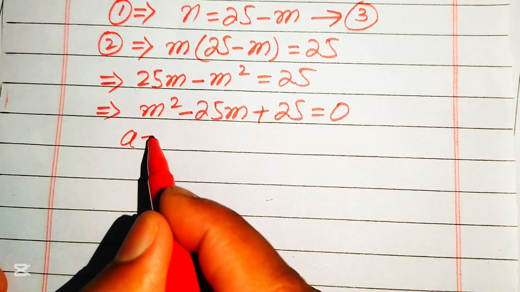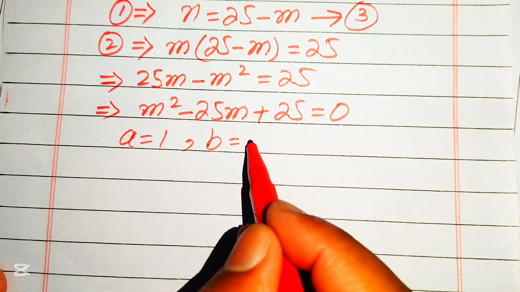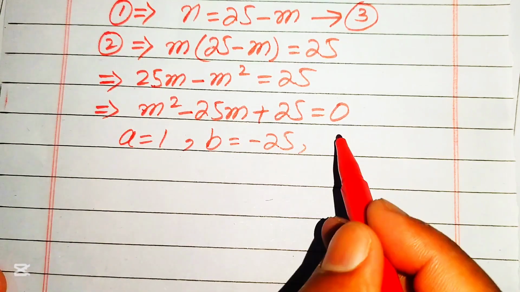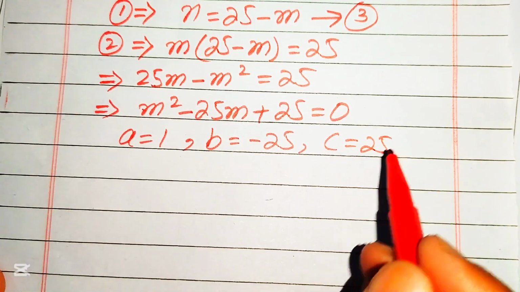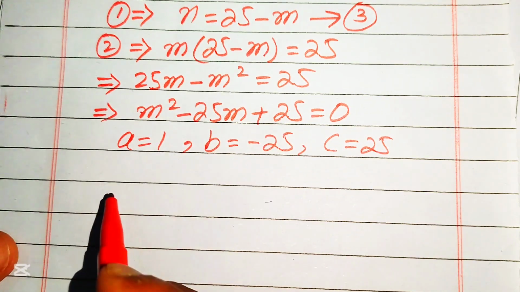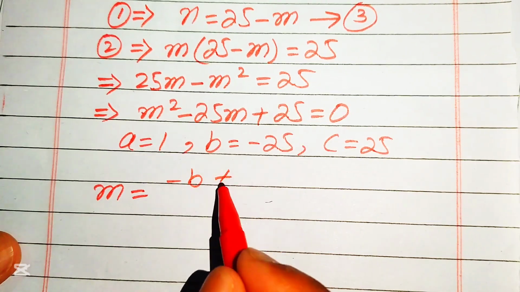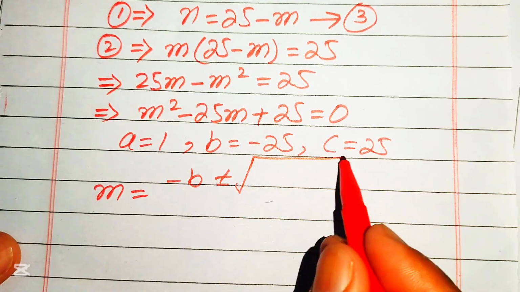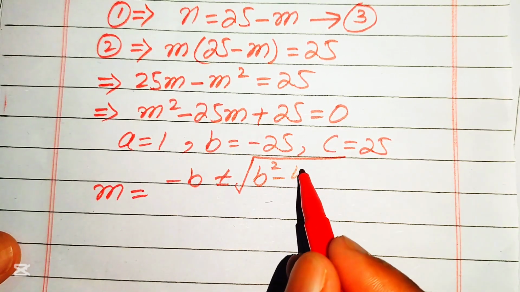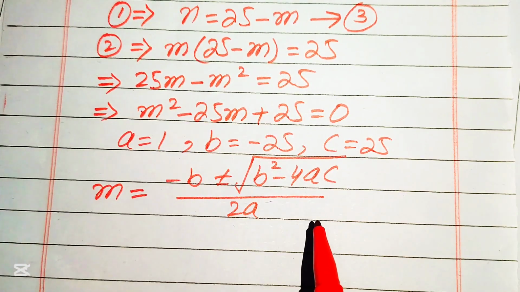First we write the coefficients of this equation: a equals 1, b equals minus 25, and c equals plus 25. So we can use the quadratic formula here, and it is stated as m equals minus b plus minus square root of b square minus 4 times ac, divided by 2 times a.